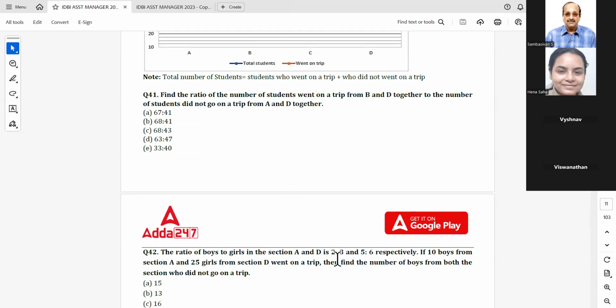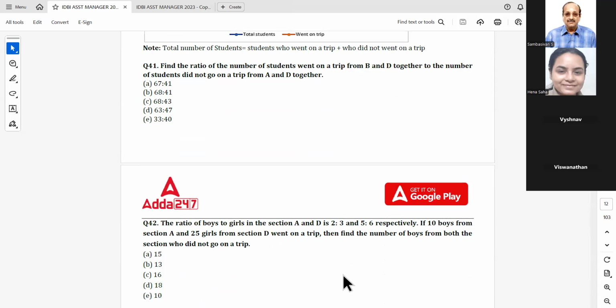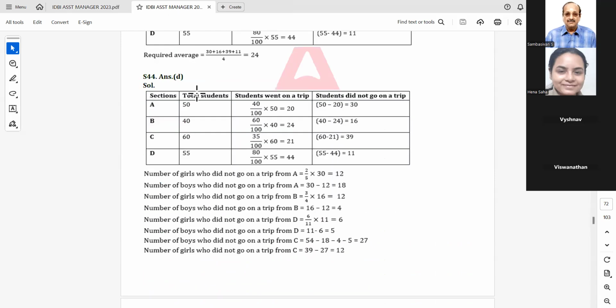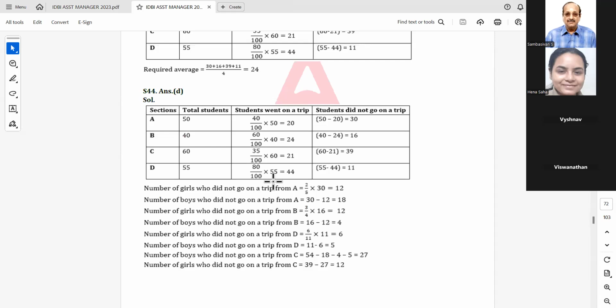In question number 42, they gave us 2:3. But from what you say, we should make that 30:20. If we make it 30:20, then we will find out the answer they have given.